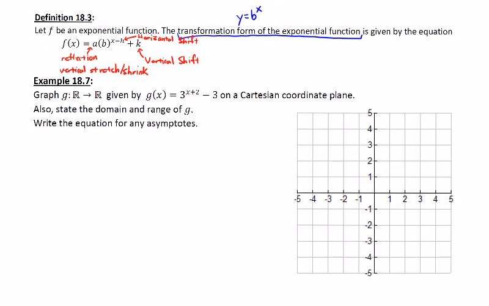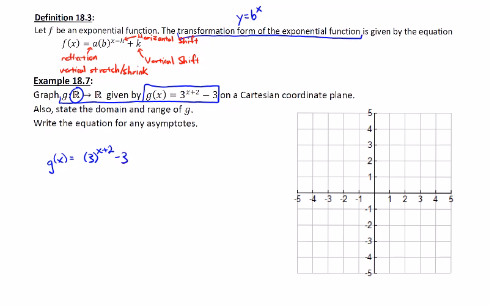We have here the function g, which has a domain of all real numbers, given by the equation g of x equals 3 raised to the x plus 2 minus 3. One of the things that's worth mentioning about the structure of the equation is that there is an implied parenthesis around the 3 as it's being raised to the x plus 2.